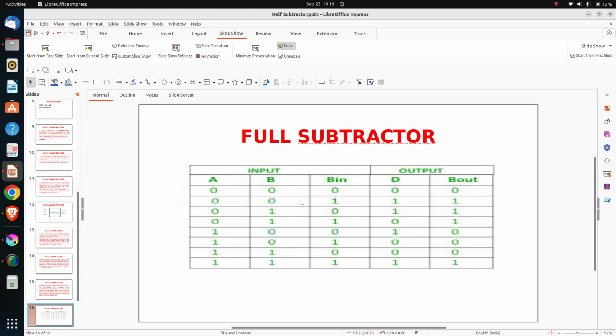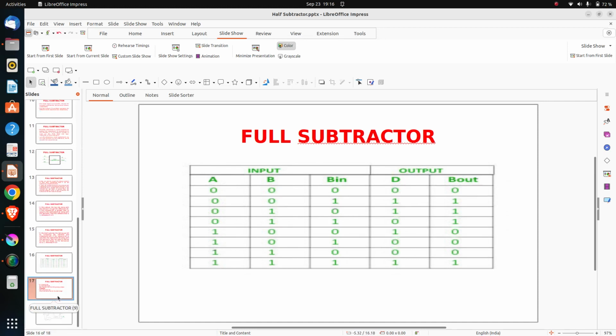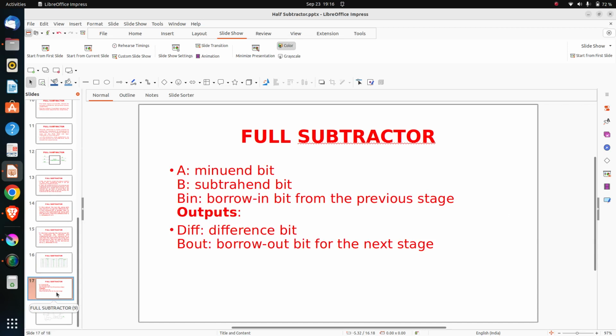Here 0 0 1 is the same: the difference is 1 and the borrow is 1. Then 0 minus 1, again 1 minus 0, the output is difference 1 and borrow 1. For 1 0 0, we are not borrowing anything, but the difference is 1. For 1 1 1, there is no borrowing. Likewise we calculate the values. So this is the concept behind the full subtractor.